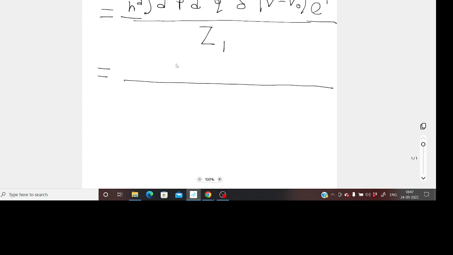Now here the particles are non-interacting and they have no potential, so H is given by p square by 2m, right?